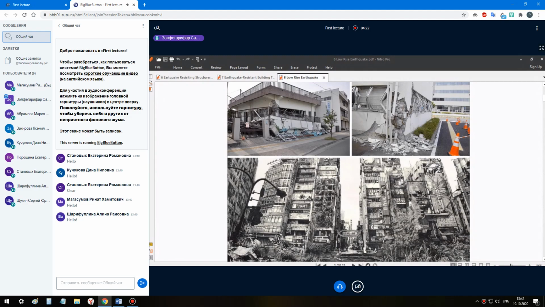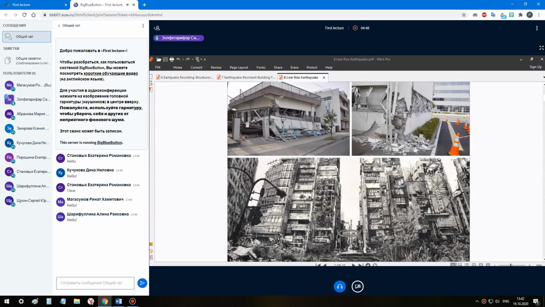Base isolation devices separate a building from the ground by some rubber devices. And we had seismic dampers. The seismic dampers are special devices.